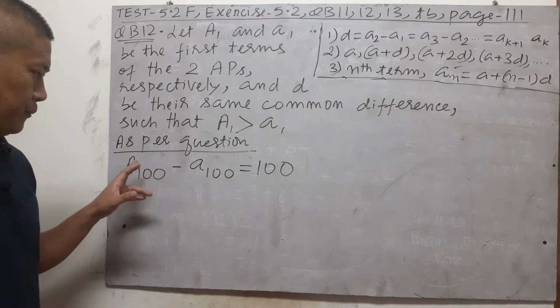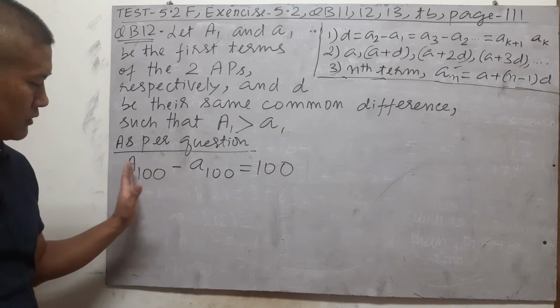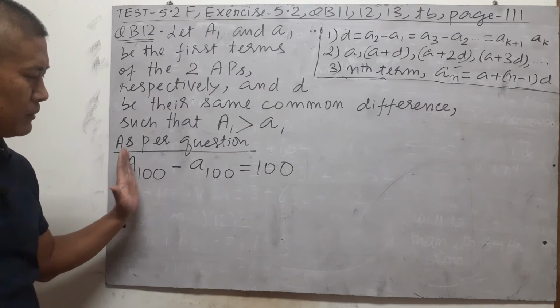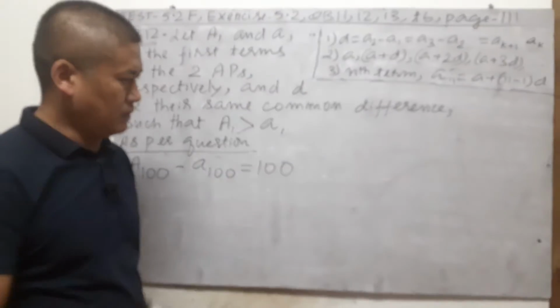So the 100th term of the first AP is greater than the 100th term of the second AP. Difference means bigger minus smaller.